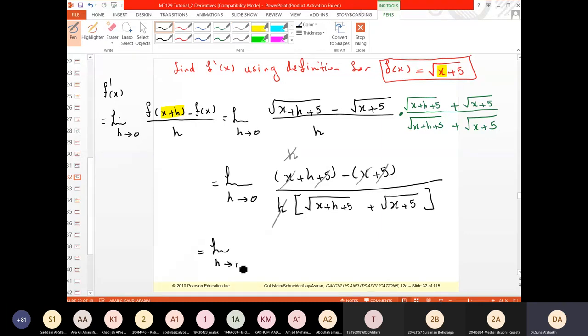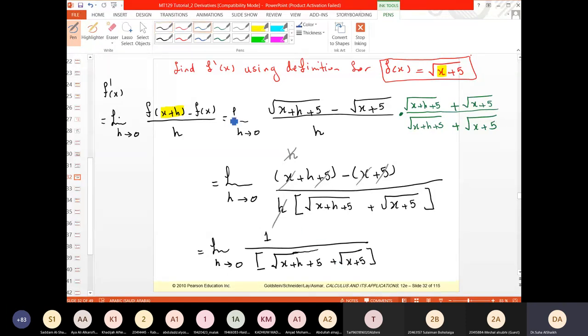What do I remain with? The limit as h goes to 0. Everything on top cancels, so I remain with 1. And down there I have the root of x plus h plus 5 plus the root of x plus 5. What's the next step?